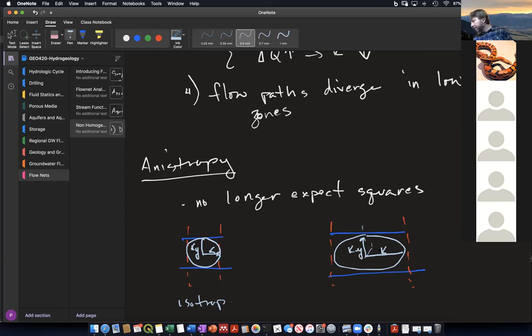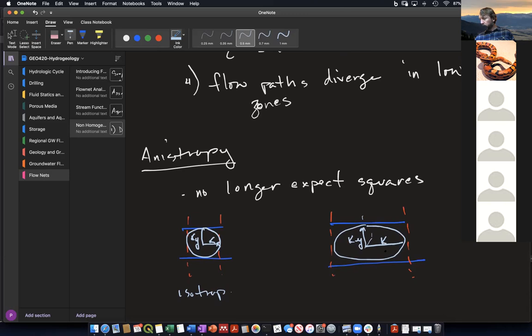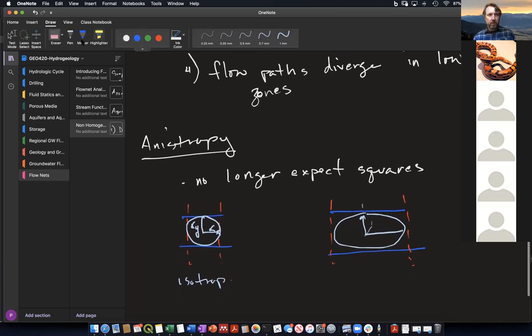And it's actually the relationship here, this distance here is given by 1 over the square root of Kx, and this distance is given by 1 over the square root of Ky.